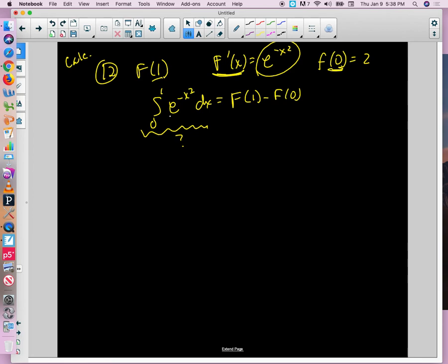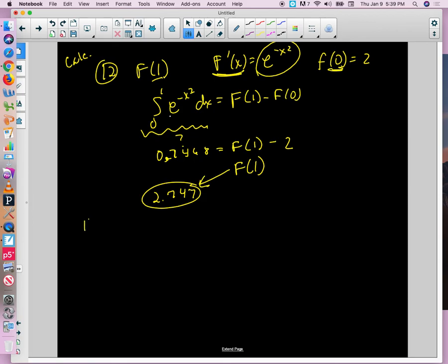And that value gives me 0.7468, so 0.7468 plus f of 0, which is 2, equals f of 1 we're looking for. So let's see, on our answer sheet, number 12 should give you 2.747, which is what they have.